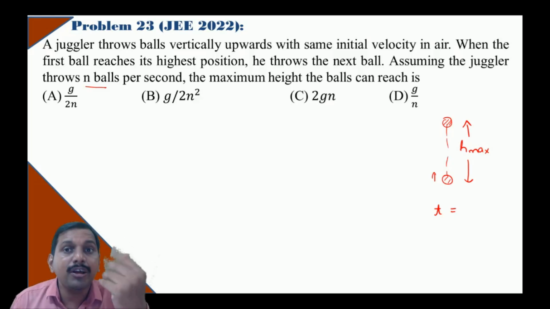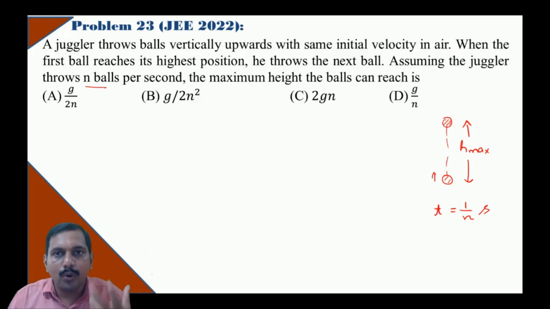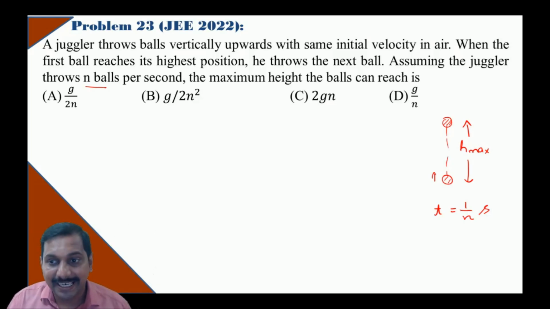That means for every ball thrown, he takes a time of 1 by n seconds. If he throws 2 balls per second, then per ball it is 0.5 seconds. If he throws 10 balls per second, it is 0.1 second. So per ball he takes 1 by n second.